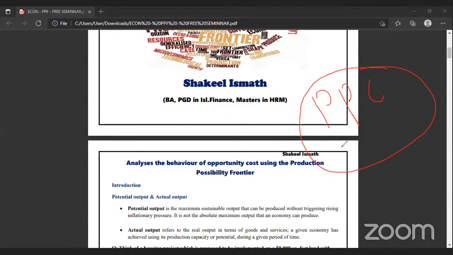Don't write a paragraph and don't write the definitions. I can tell it in 2 words. What you have understood, this word PPC, production possibility curve, what does it mean?